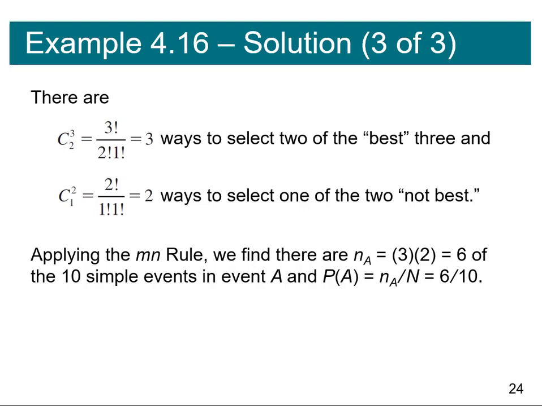When you do the calculations, you get 3 here, and here you get 2. So it's going to be 3 times 2, 6 as the numerator. That was n of A, and the denominator, we did the calculation, was 10. So it's going to be 6 over 10. So finally the answer is 6/10.